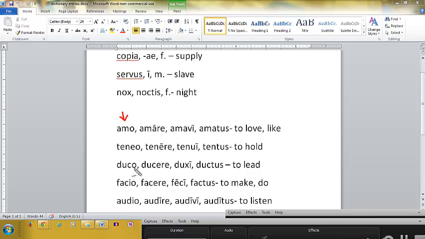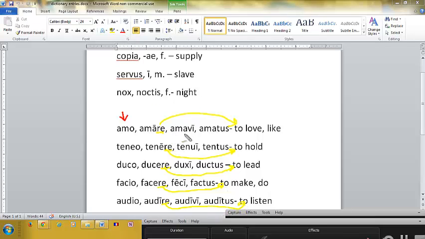The second thing they give you, all of these that end in RE, these are all infinitives. These are sort of the generic form of the verb, and they always mean to plus whatever the verb means. So amare means to love, tenere means to hold, ducere means to lead, facere means to make or to do, and audire means to listen.